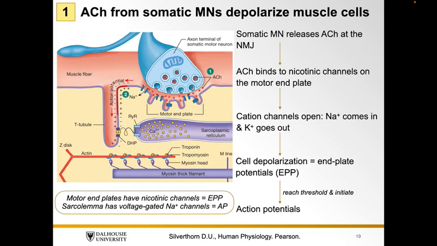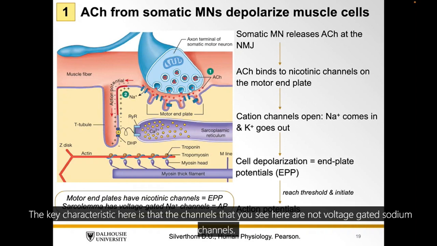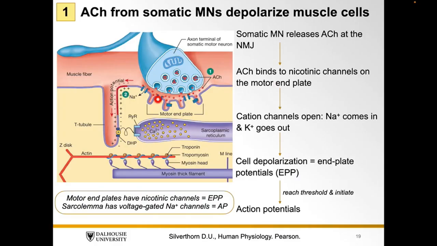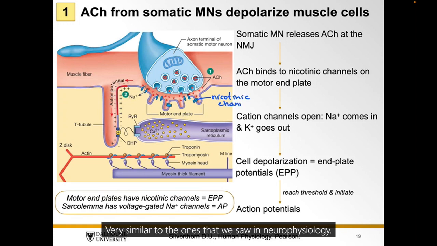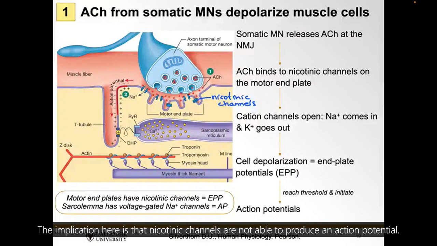The key characteristic here is that the channels that you see here are not voltage-gated sodium channels. These are nicotinic channels, very similar to the ones that we saw in neural physiology. The implication here is that nicotinic channels are not able to produce an action potential.